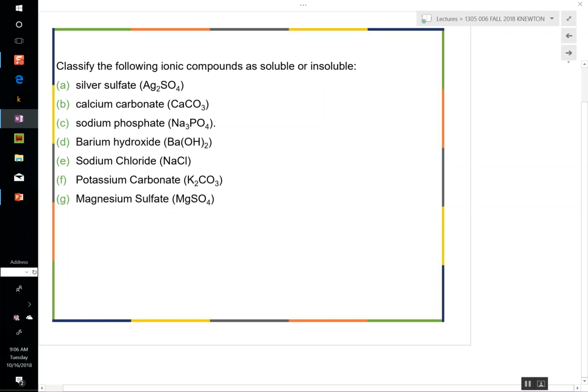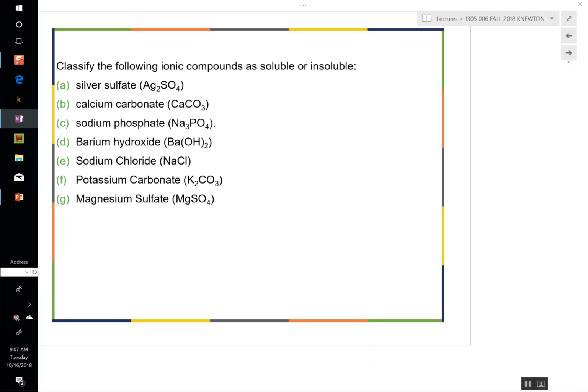All right, now let me write some of these down, and then I'll get that chart back. And what we're going to do is look at some of these and decide whether they are soluble in water or not. So I'm going to put here silver sulfate, and we're going to decide, are they soluble or insoluble?